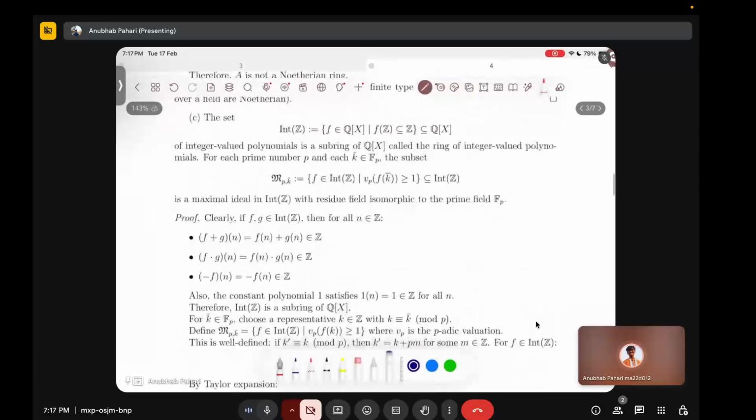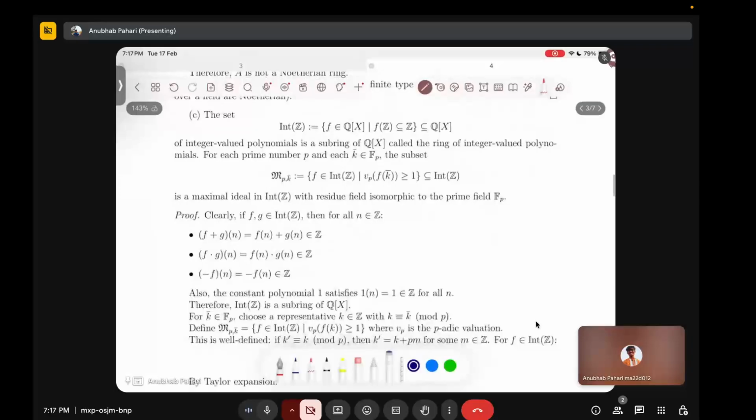Now let us focus on the next problem, that is, the set of rational polynomials such that f(Z) is contained in Z, which is quite interesting, right?